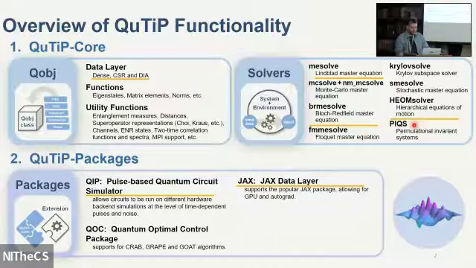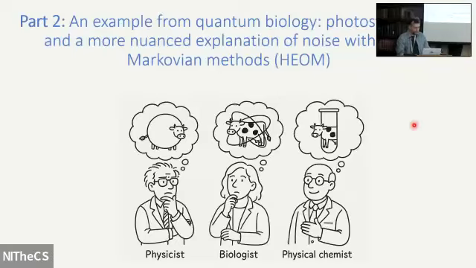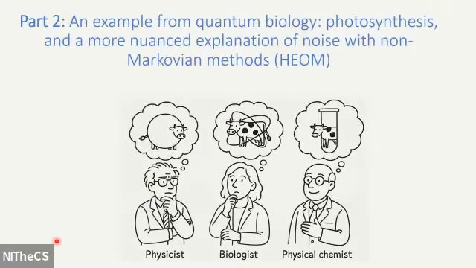So again, I asked ChatGPT to produce a cartoon for this talk. And actually, I was involved in a grant proposal a few weeks ago with a physicist, a biologist, and a physical chemist, and this image very much popped into my mind. A physicist views chemistry and biology in an idealized way. We have this spherical cow joke from physics.